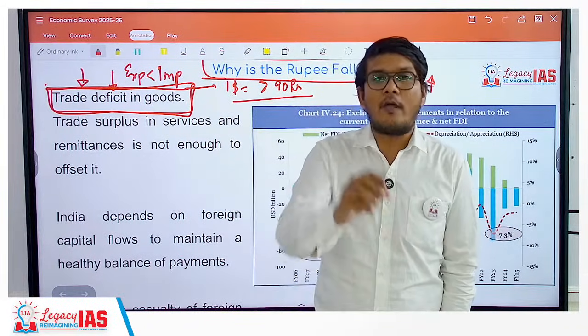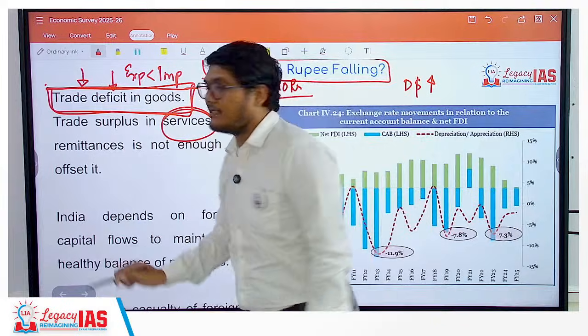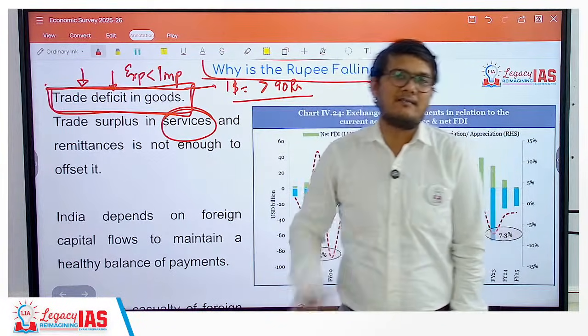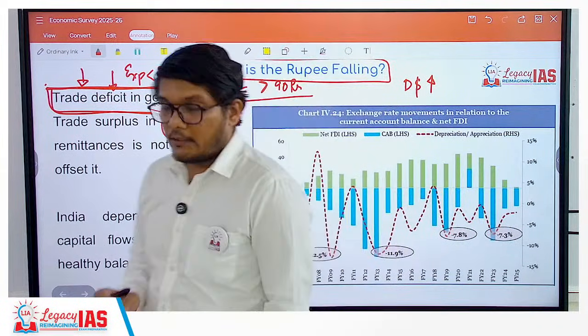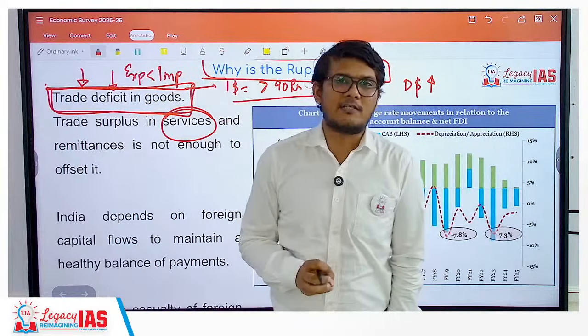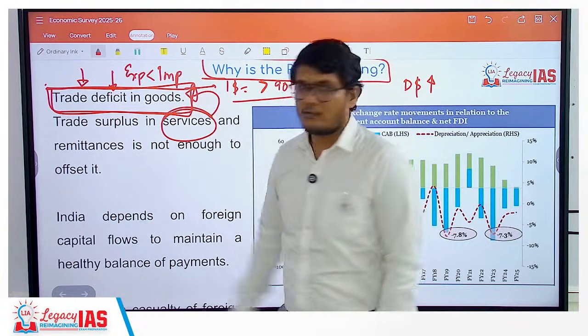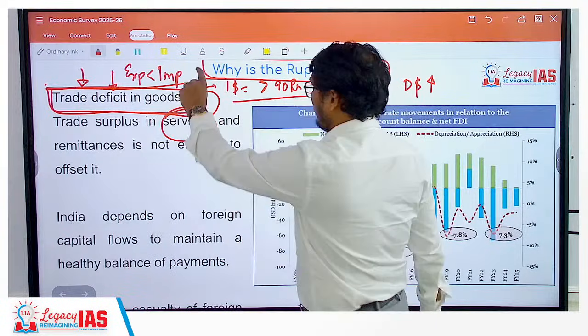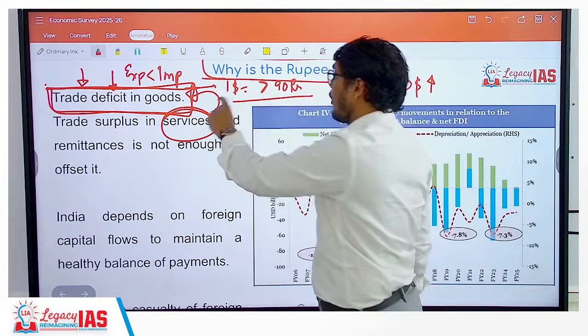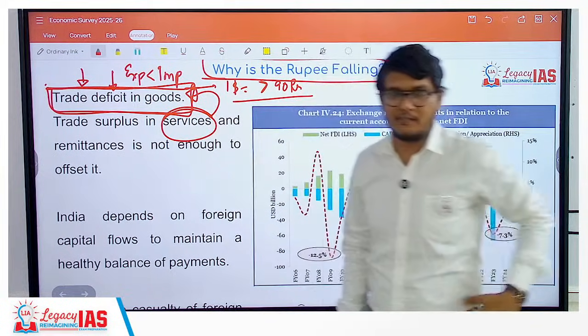Now India, however, as far as services are concerned, has a surplus. But the surplus in services is not enough to offset the deficit in goods. That means the deficit in goods is higher than the surplus in services.